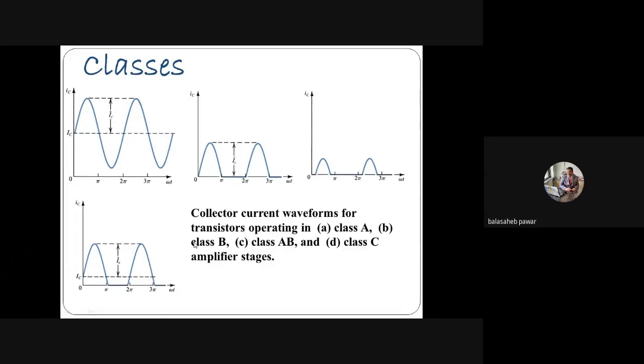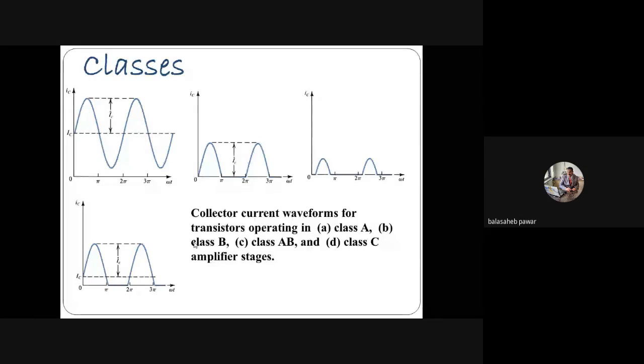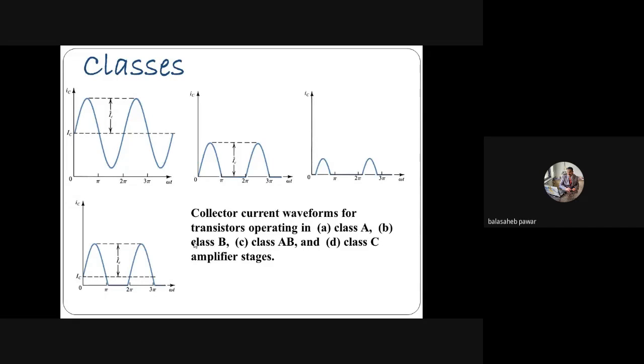So for class A, yesterday I told that as the transistor remains continuously in conduction, there is continuous power dissipation and it affects the efficiency of that amplifier. So the efficiency for class A is almost 25% and we can improve it up to a maximum of 50% by using a few modifications.